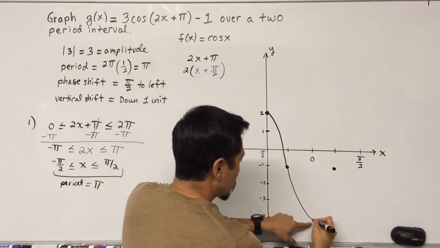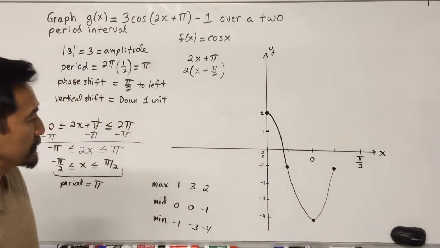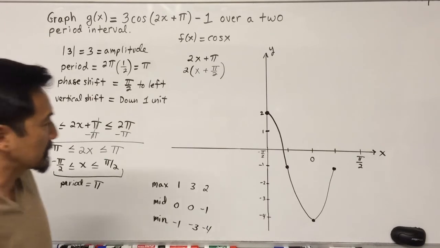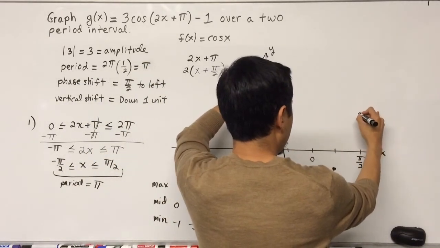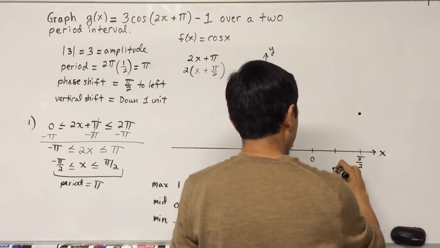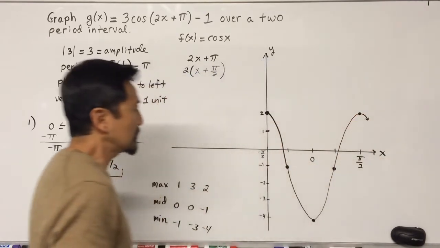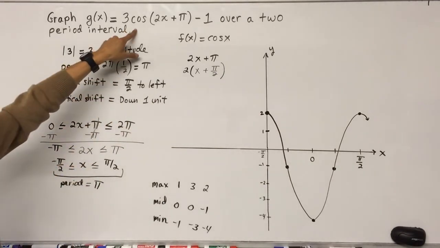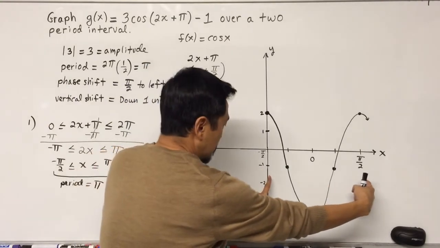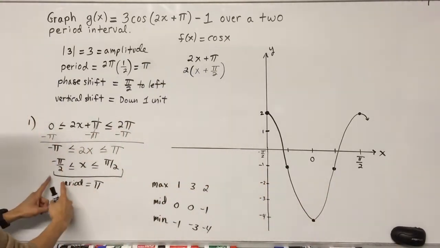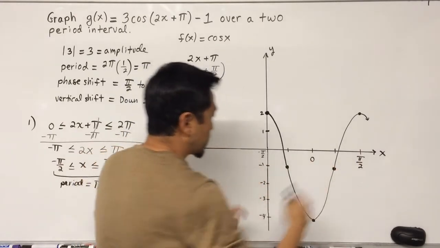Now the function is increasing. And then at pi over 2, it increases back to the maximum. So we have graphed our cosine wave over one full period. Remember, from negative pi over 2 to pi over 2, the function took on one full period.